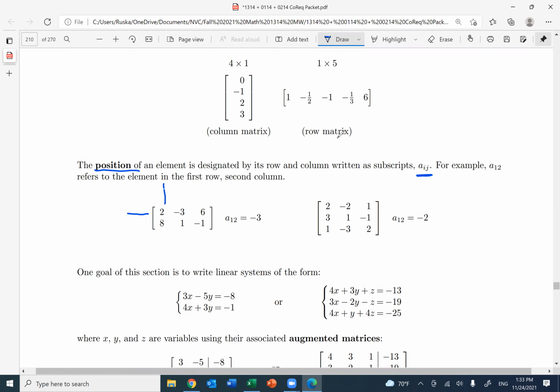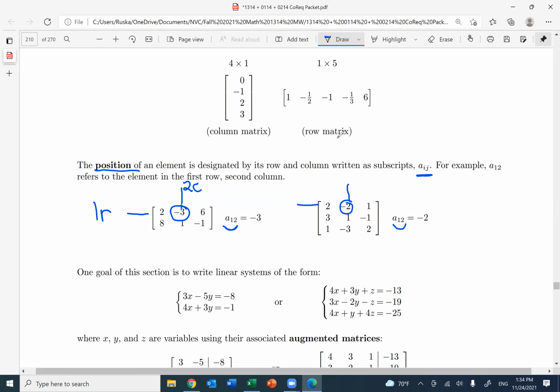I'm sorry, this is 1,2, not 1,1. See, first row and second column. And that's the number there, -3. That's why it's equal to -3. Everybody see that? Now the next one is going to be first row, second column, which is the number -2. That's how you do it.